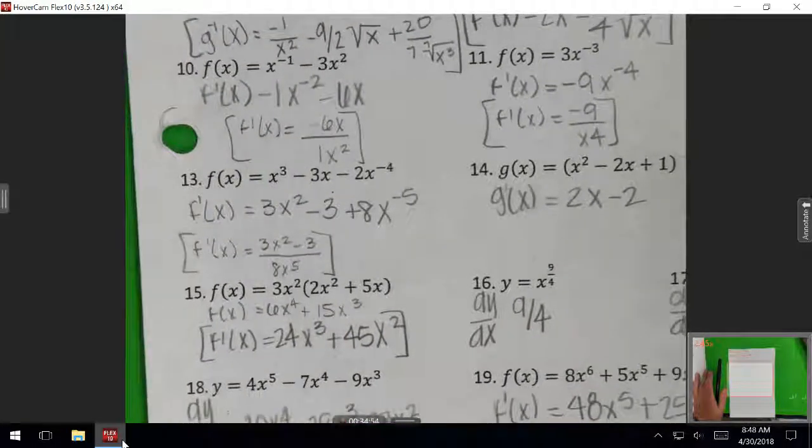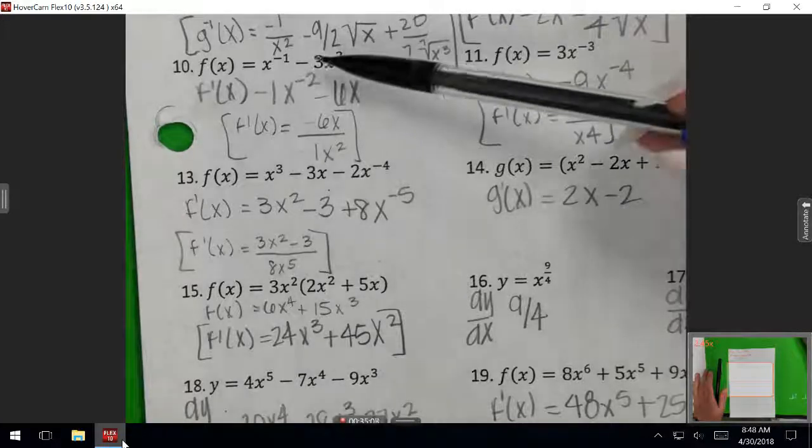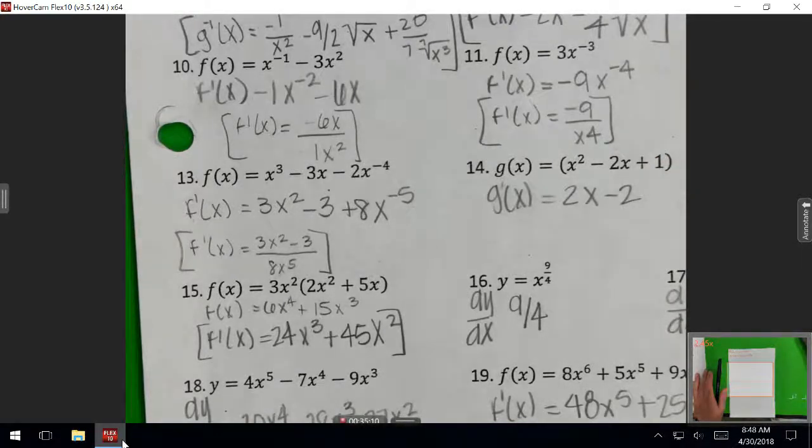All right, so you take the negative 1 in front of x and put it in front, so it'd be negative 1, and then when you subtract 1, it'd be negative 2. Good job on that. And then you multiply 2 by negative 3, which would be negative 6x. Very good. Now at this point, let's talk about how we're going to rewrite this.